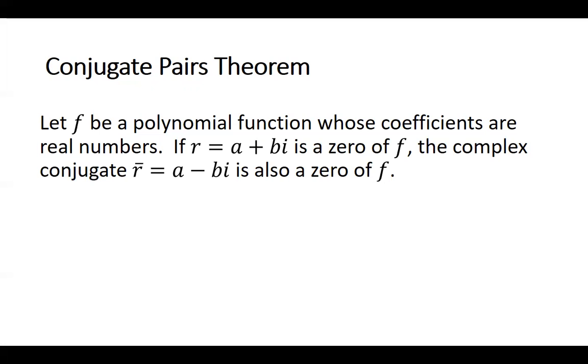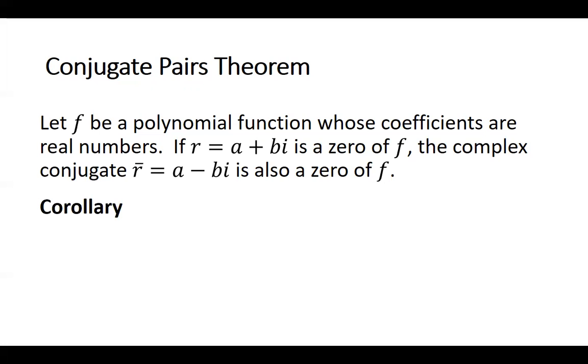That's what we're talking about now. That irreducible quadratic is made up of two complex zeros or two complex factors, and those factors are complex conjugates of each other. So if I know that 3 plus 2i is a factor of a polynomial, then 3 minus 2i must also be a factor of that polynomial.